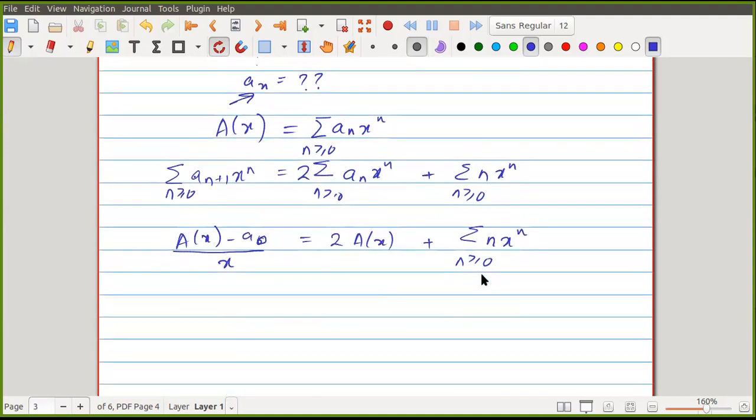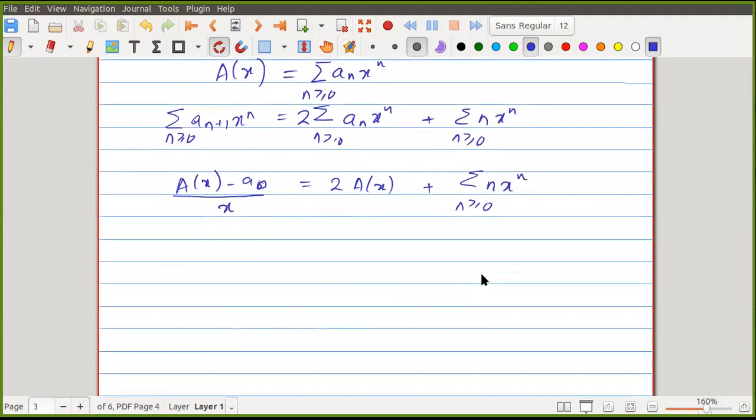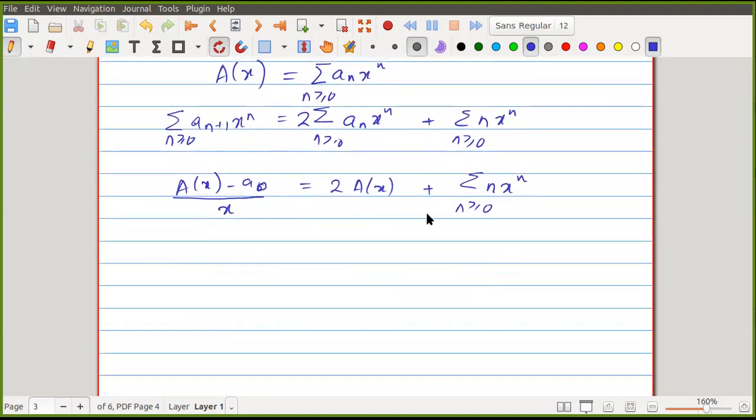Yes, ma'am. Now, the rest of the things are fine. This is what is not so familiar to us, right? So let's see a small trick. Forget about this part, just see n xn. So tell me if I'm right.